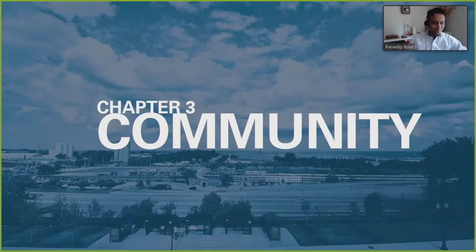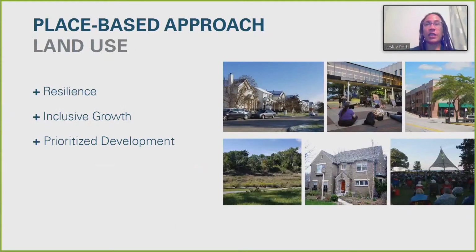Thank you, Ranadeep. Chapter 3 is about community, and this is primarily focused on the land uses in the city of Waukegan. The approach that we took is a place-based approach. That means we really wanted to give the city flexibility in the kind of development that could be created in each area of the city, with 3 main ideas in mind: resilience, inclusive growth, and prioritized development.